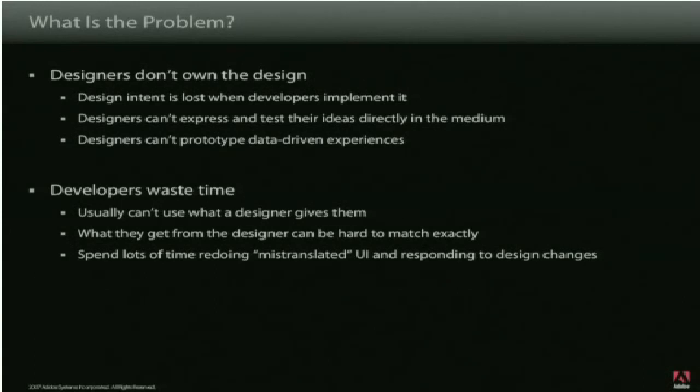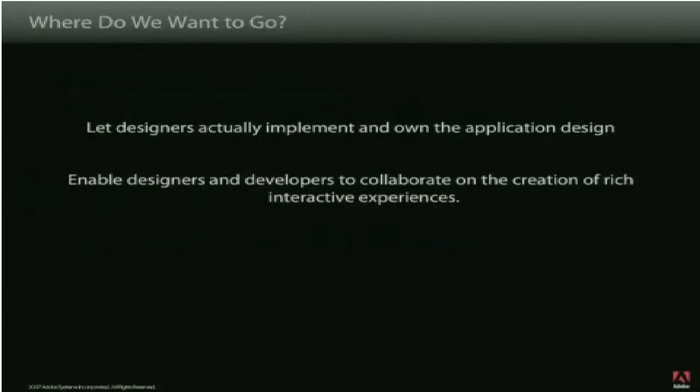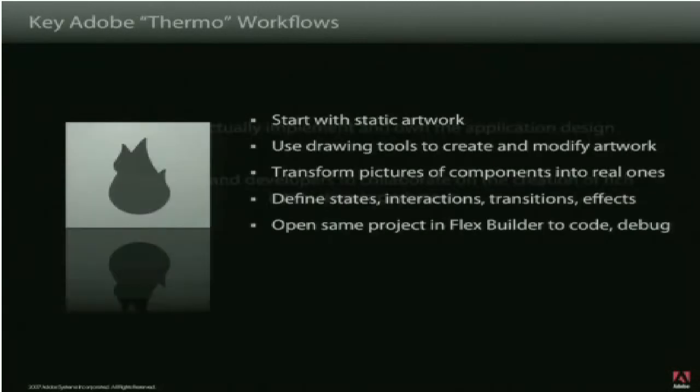And the developer then is given this thing that he doesn't know what to do with, and so he has to go and figure out how they're going to actually implement it. So by creating this graphic subsystem and the new component model, we've made it so that designers can really own the design and developers can own the code, and they can really work together.